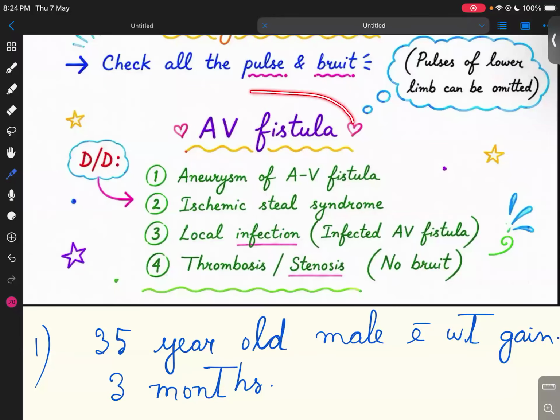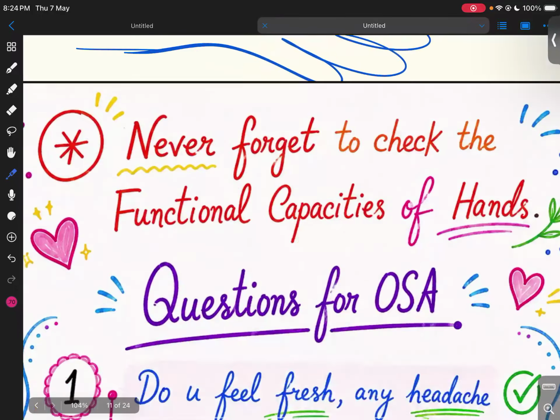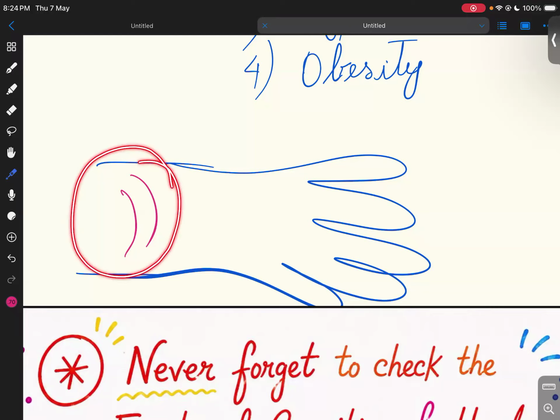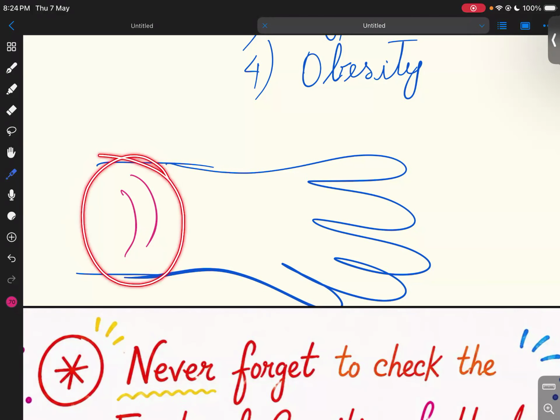Okay. In case of AV fistula pain, we have to localize what is the site of pain. For any case of pain, localization is very much important. Suppose this is the AV fistula. If the patient complains of pain over this site, then we have to understand that the pathology lies somewhere inside here. What can be the pathology?